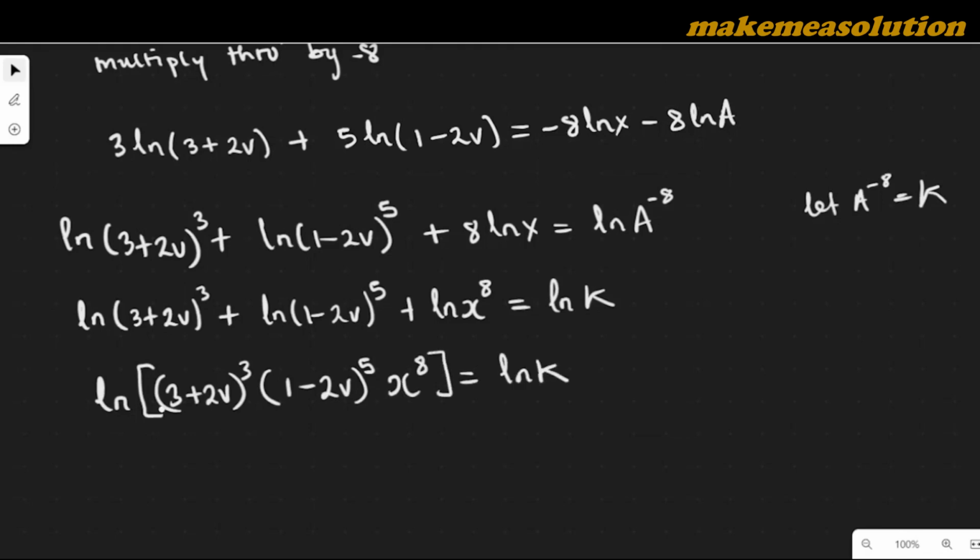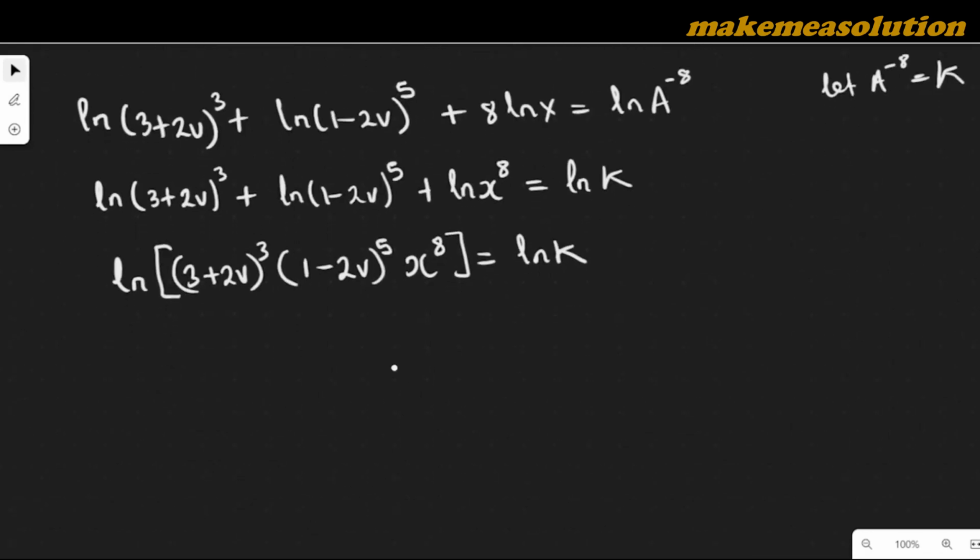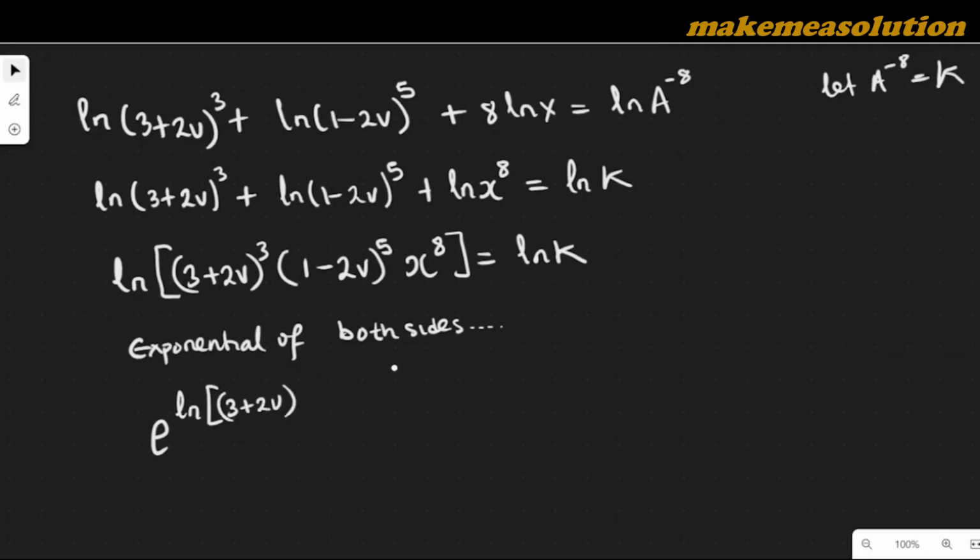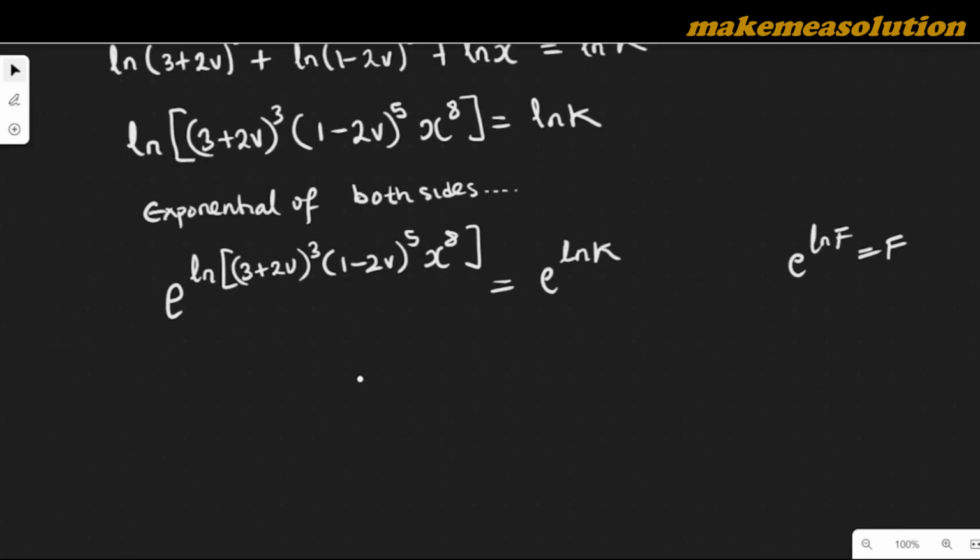equal to ln k. So by the time we take the exponential of both sides, we'll have exponential of ln of (3 + 2v)^3, (1 - 2v)^5, and x^8 is equal to exponential of ln k, and exponential of ln f is f, okay, because exponential is the inverse function of logarithm, and logarithm is also the inverse function of exponential.